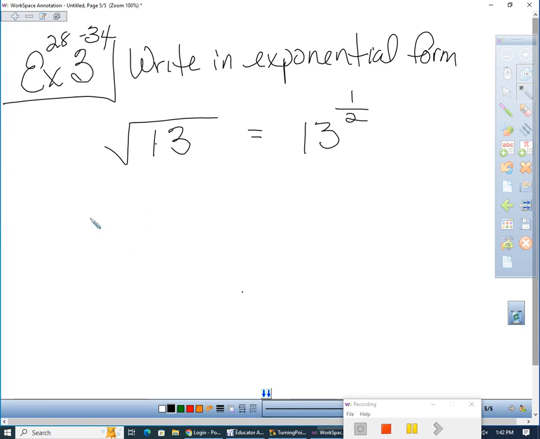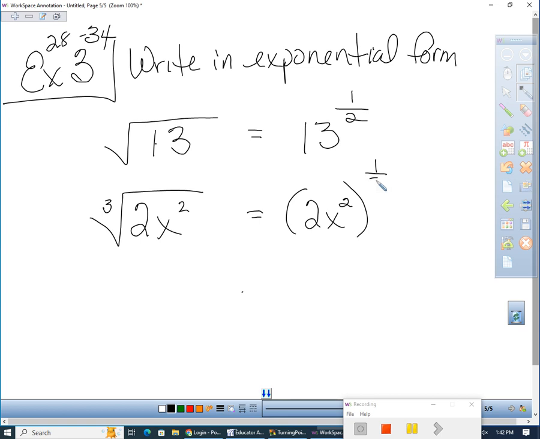Let's say I have the cube root of 2x squared. That is a whole group I have underneath that cube root, isn't it? So I'm going to leave this as a group of 2x squared and raise it to the 1/3 power, exactly.